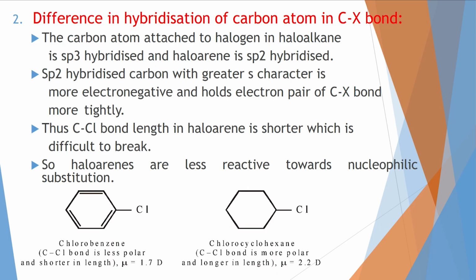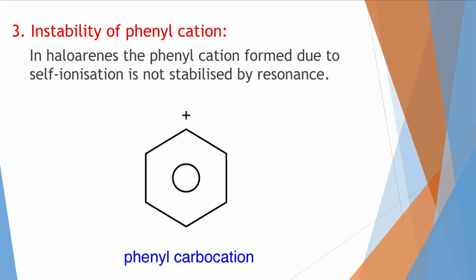I have shown you one example. In chlorobenzene, the bond is less polar, whereas in chlorocyclohexane the bond is more polar, meaning the electrons are more shifted towards the electronegative chlorine atom. Another reason is the instability of the phenyl cation.